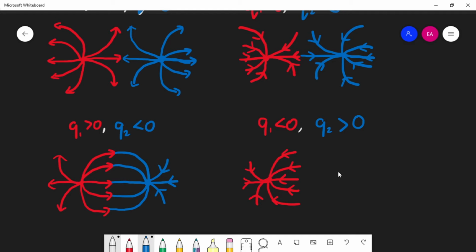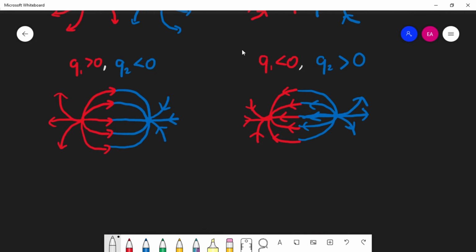Now for the blue charge, it wants to go away from it. Away from the charge, like that. Okay, those are our 4 cases.